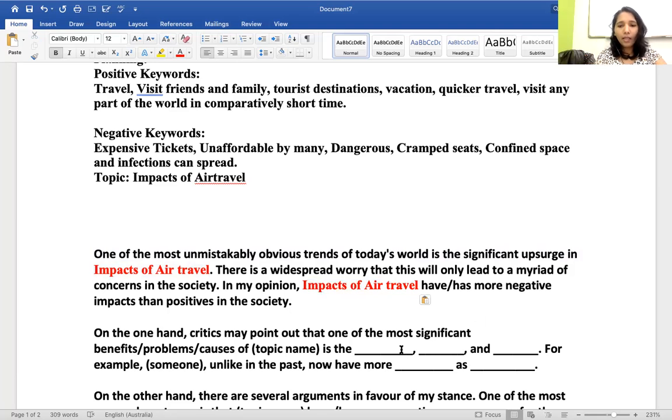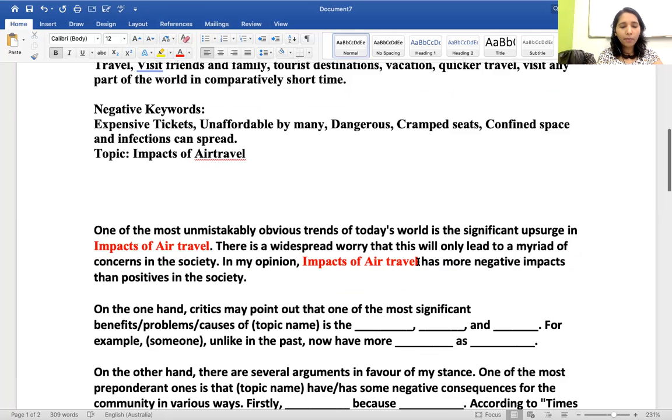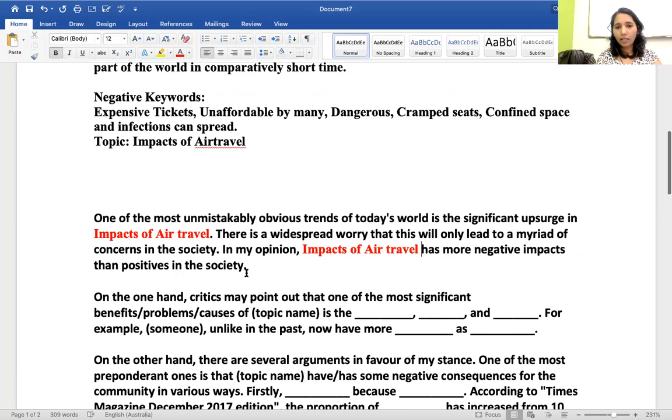Impacts of air travel has more. So impacts is in the plural. So here it says has more, or air travel is 1. That's your subject. So the verb is has more negative impacts than positives in the society.